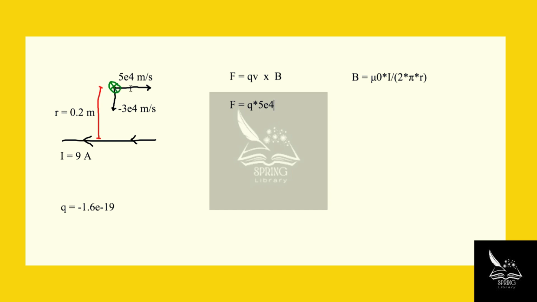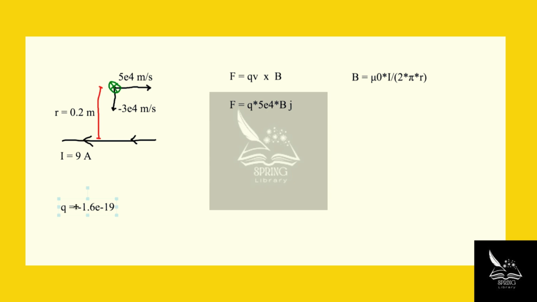Using the right hand rule, that gives the plus y direction, or the plus j hat direction. Since these two vectors are perpendicular, we don't have to worry about the angle between them. We just multiply by B, which we have over here, and this is the plus y direction, a j hat component.